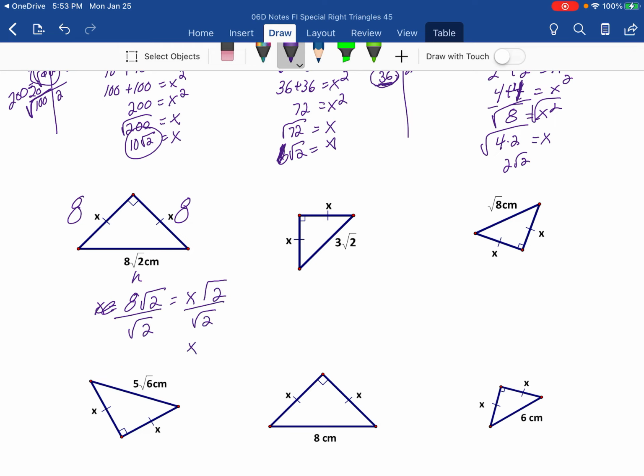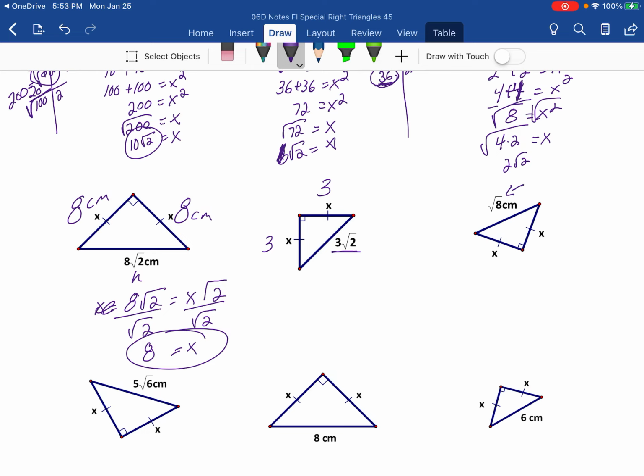If we were doing this algebraically, you divide each side by radical 2, and of course x is going to be 8. In this case, centimeters. For this one, if my hypotenuse is 3 radical 2, then this is going to be 3 and 3. Okay. For this next one, it's just a little tricky.